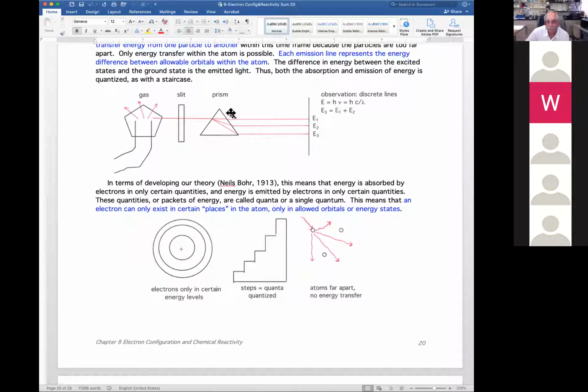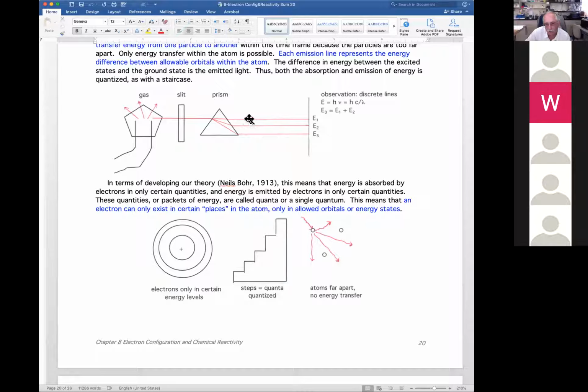So the light, or the transition between different places, the ground state and the excited state, is only a certain energy. So if I have this electron absorb this much energy, okay, only this much energy can be absorbed. And when it gives off and jumps back down here, only that much energy is given off.